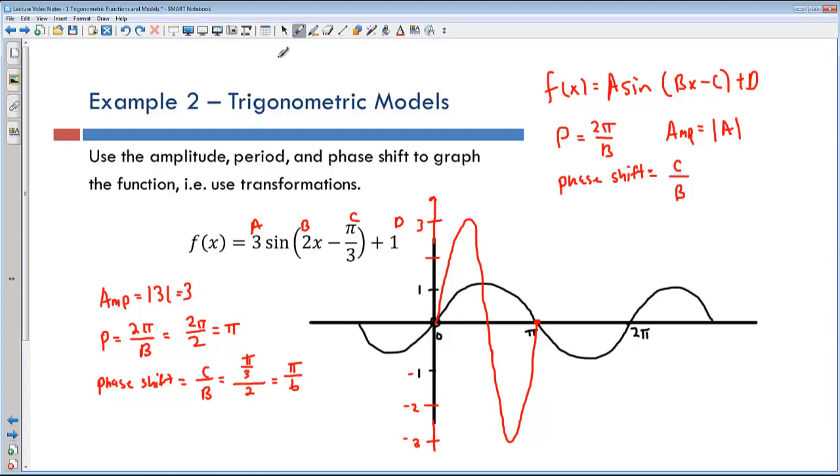And now I need to do a phase shift. All right, so for a phase shift, I have to move it over pi over 6. So let's put pi over 6 over here. So here's pi over 6. It's basically 30 degrees. And then over here, this is going to be pi plus pi over 6, right? So pi plus pi over 6. Or if you want, that's just 7 pi over 6. And so it's going to go down, it's going to meet right here. And again, you can just kind of shift everything over a little bit.